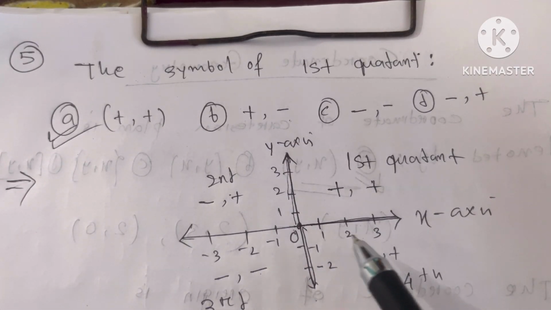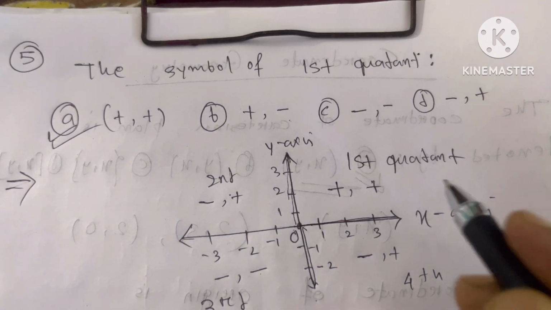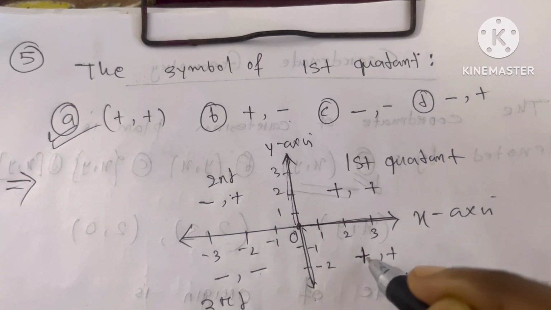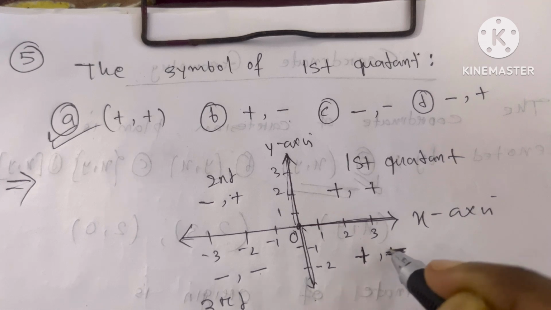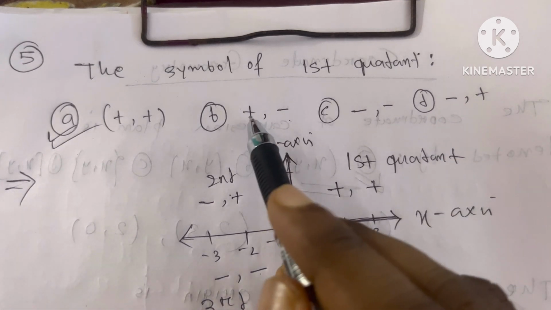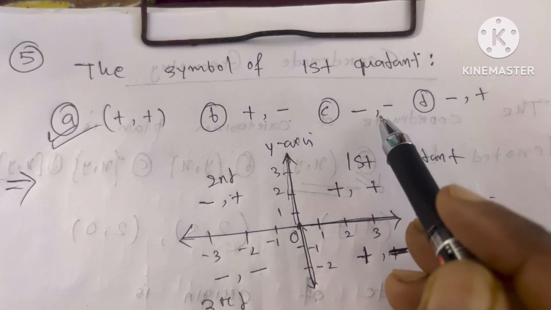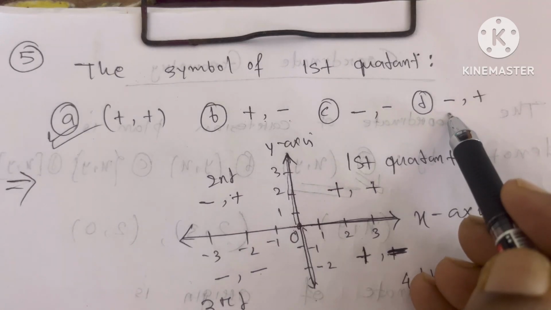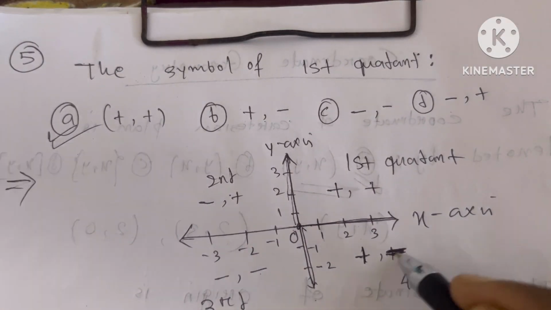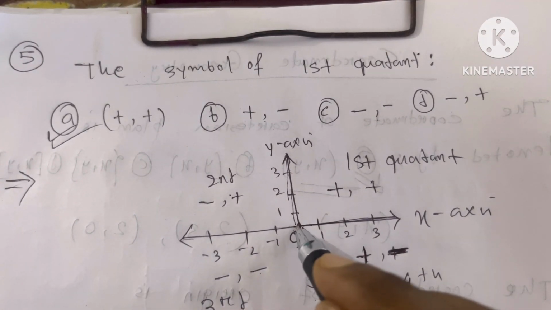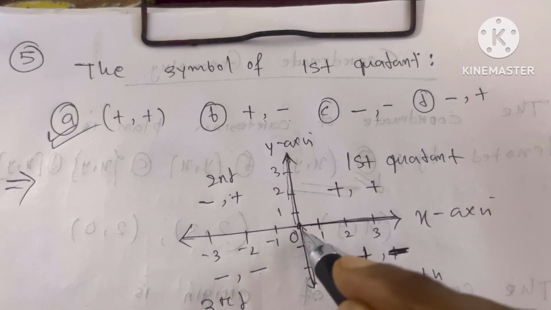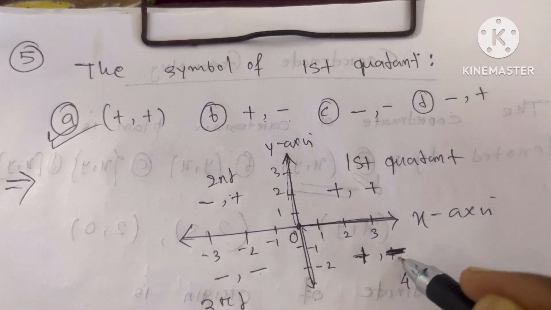The fourth quadrant. This is the symbol of the fourth quadrant, this is the third, and this is the second. The fourth quadrant is in between x positive and y negative, so x is plus, y is minus.